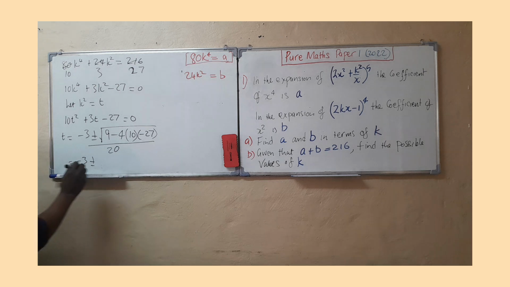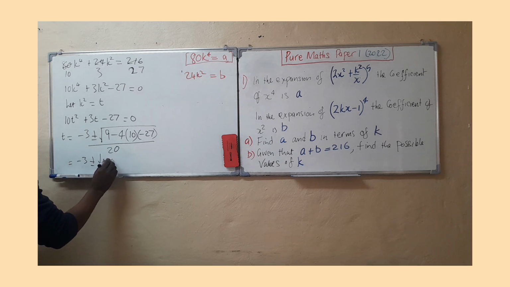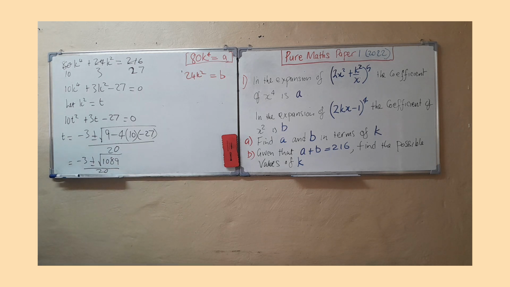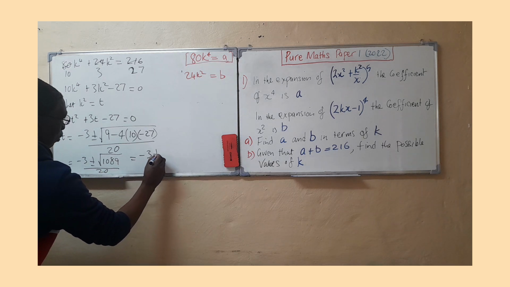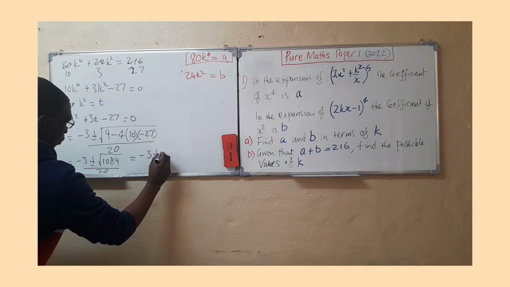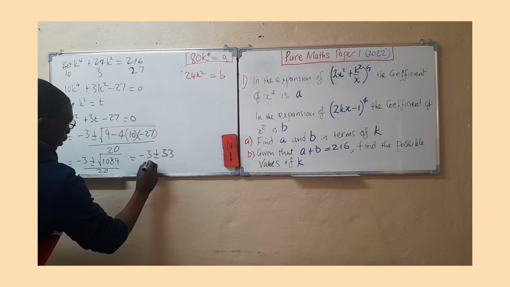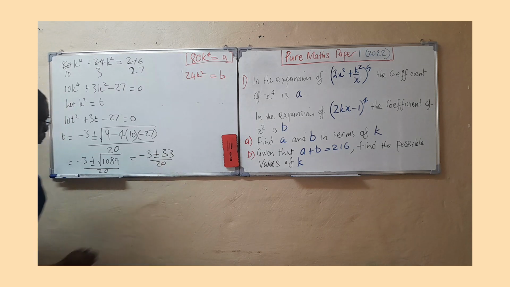So this will be the square root of 1089 divided by our 20 there. The square root of this is 33. So we get minus 3 plus or minus 33, divided by 20.